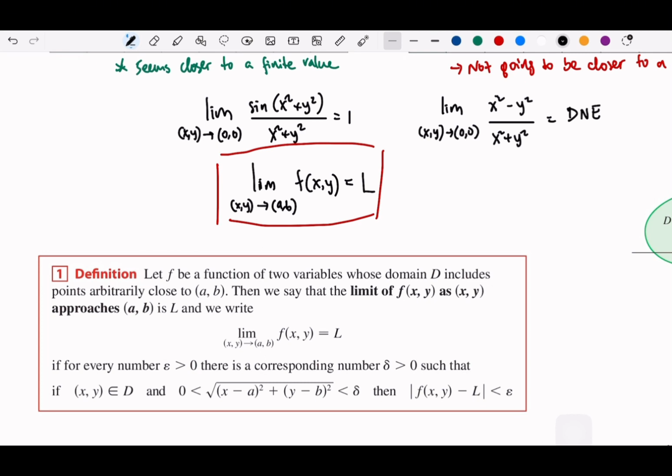Basically, this is the same idea as in calculus 1, but we input the other variable y. So we need to have the delta now. It could be understood as the distance using the Pythagorean theorem. If you understand x, y, it makes a triangle, right? So the delta is this hypotenuse.